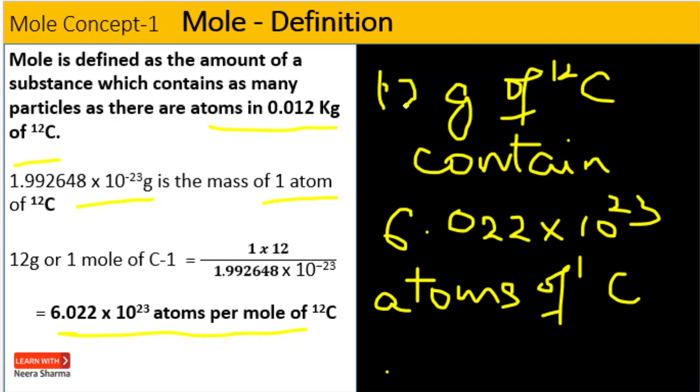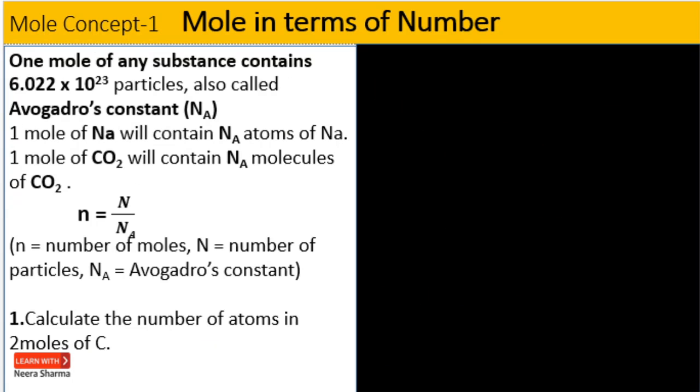So what is this 12 grams? 12 grams is the atomic mass of carbon. So the atomic mass of carbon expressed in grams, if we take that much amount, how many particles is it having? It is having 6.022 into 10 to the power 23 particles. So if we talk about mole in terms of number, 1 mole of any substance contains how many particles? 6.022 into 10 to the power 23 particles.